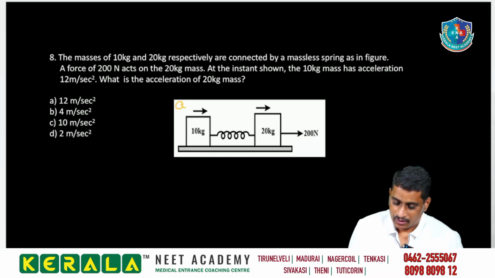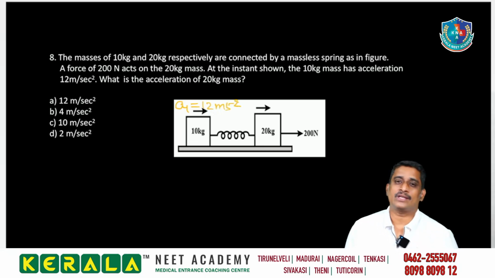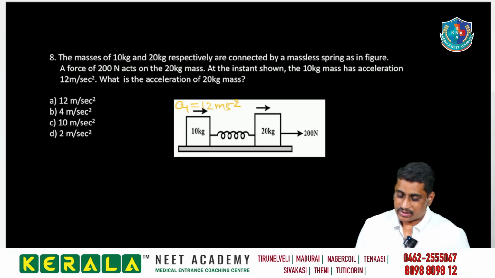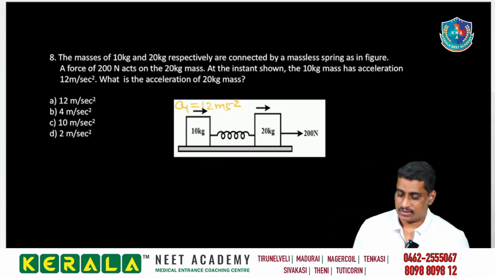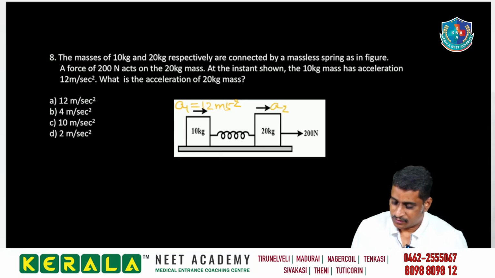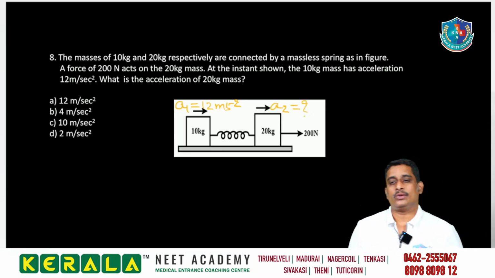Let us assume the acceleration of this 10 kg block as A1. That A1 is given as 12 meter per second square. What is the acceleration of the 20 kg mass at that instant? The acceleration of the 20 kg mass is, say, for example, A2. That we have to find out.